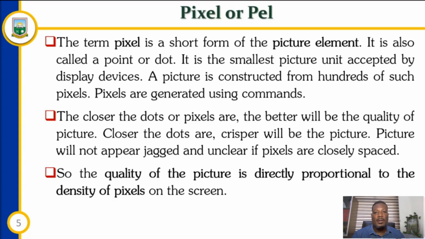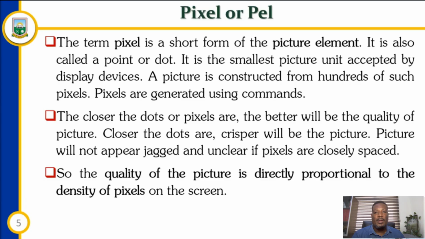Now, when we take a closer look at what I'll be showing you in the next slide, you will realize that the closer the dots or the pixels are, the better the quality of the picture. If you have many pixel dots coming together, you would have very good picture quality displayed on the screen.